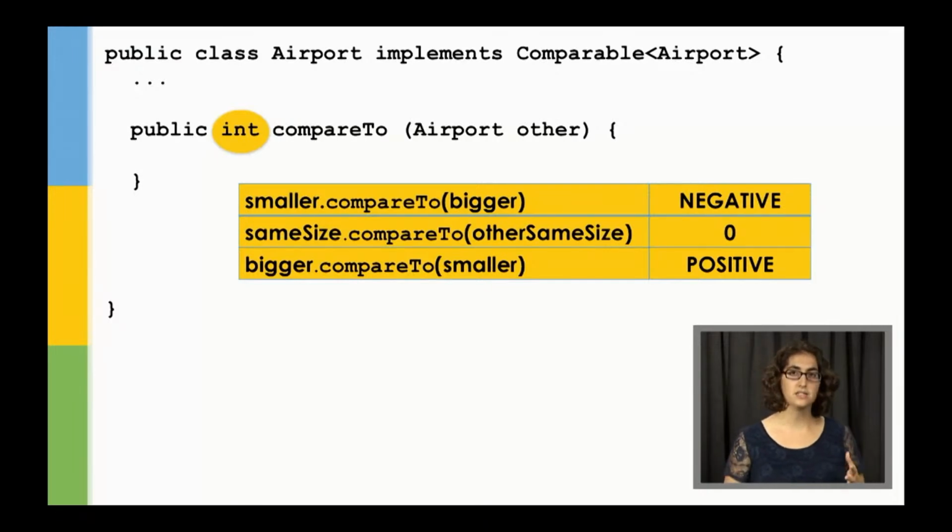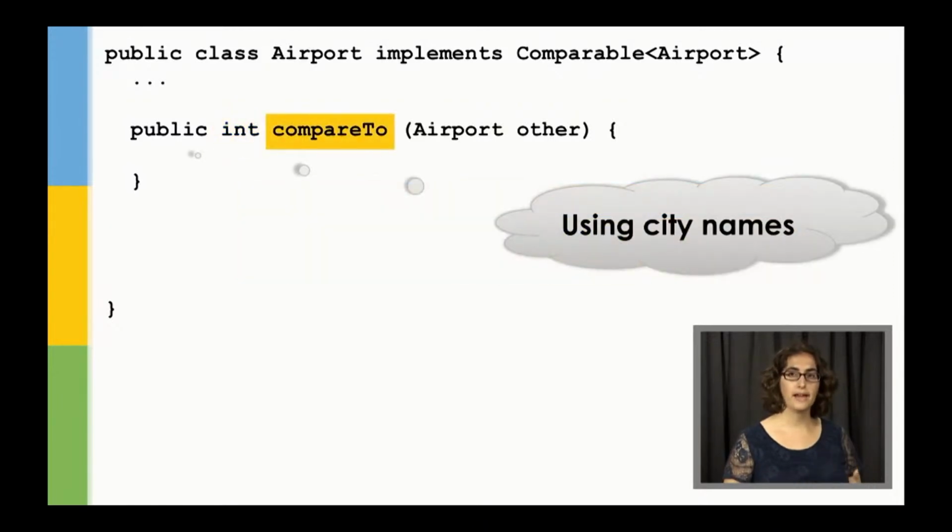Okay, so what we'd like to do is to return some number when an airport calls compareTo on another airport. And what we're comparing is the city name. We're going to have access to the city name instance variables in each of these objects, and we'd like to order those city names. But city names are just strings, and strings are objects, and strings can be compared because we can sort strings by alphabetical order.